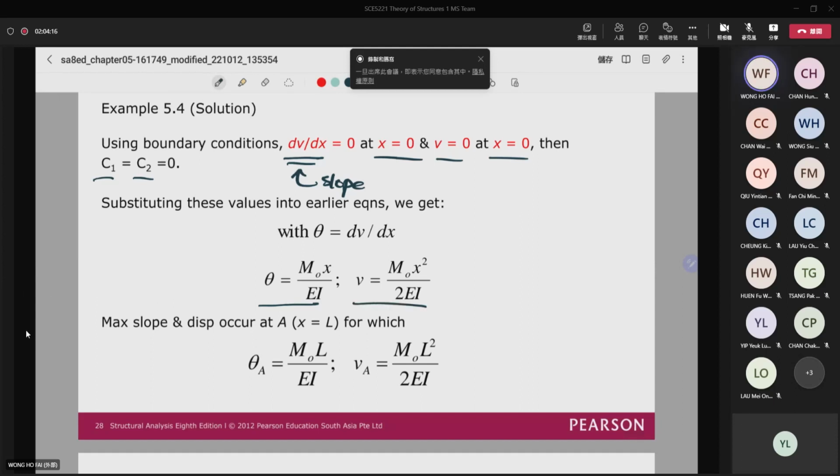If we want to find the deflection and then the rotation at the end of the beam, we just substitute x is equal to L. Then we can find the answer.